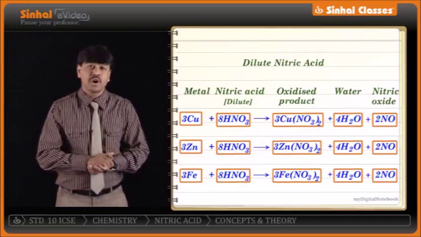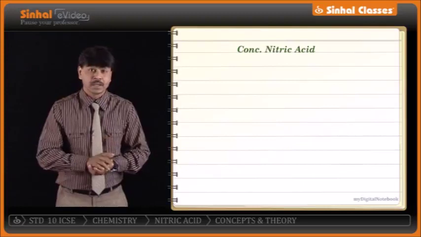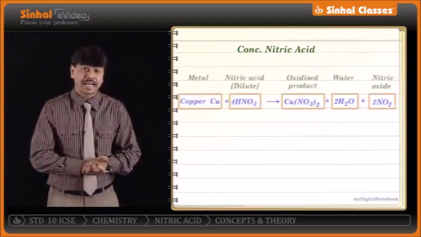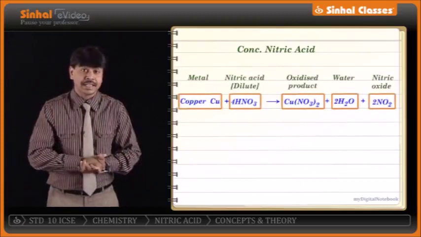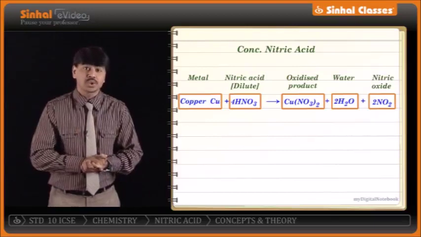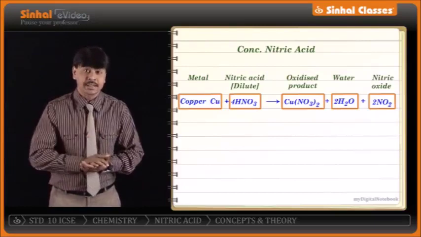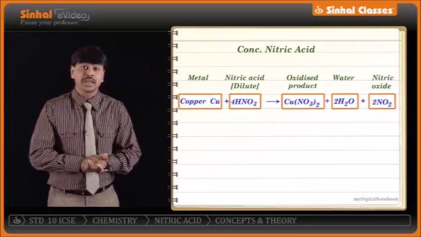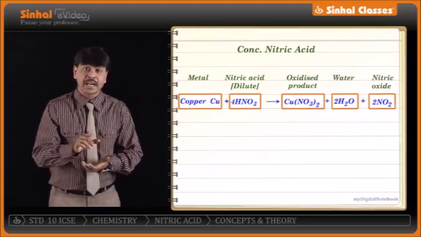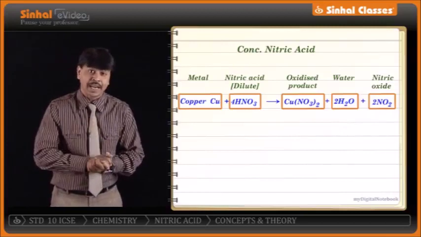Let's see the reaction of hot concentrated nitric acid with the same metals. First we'll take copper. Copper treated with hot concentrated nitric acid will give you copper nitrate, Cu(NO3)2, along with water and NO2 gas. In the previous case, we had got NO, that is nitric oxide gas, but in this case we are getting NO2, that is nitrogen dioxide.